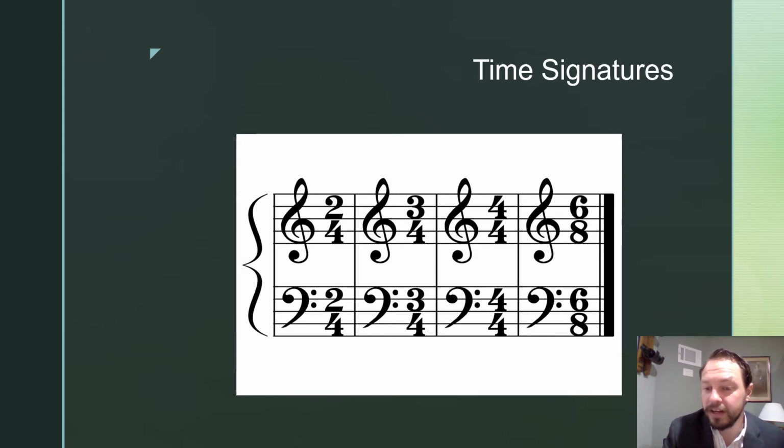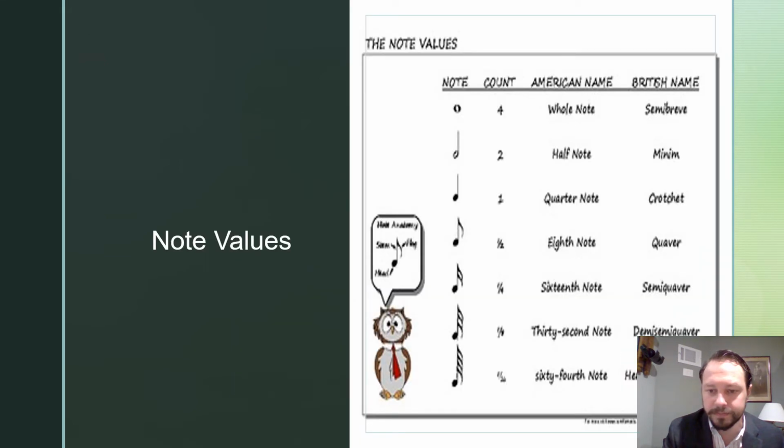Okay, but let's move on and let's talk about note values. Okay, so note values. The reason why I chose this slide here is being covered up by my big fat head. Oh well.